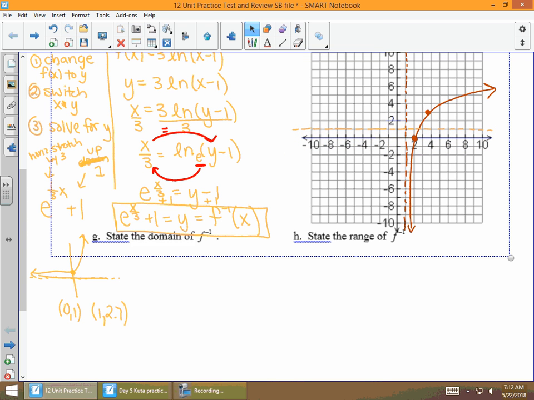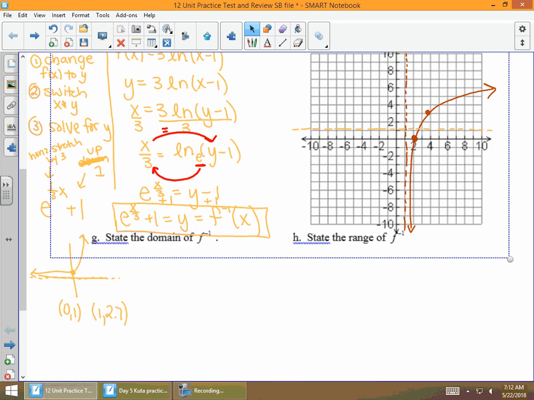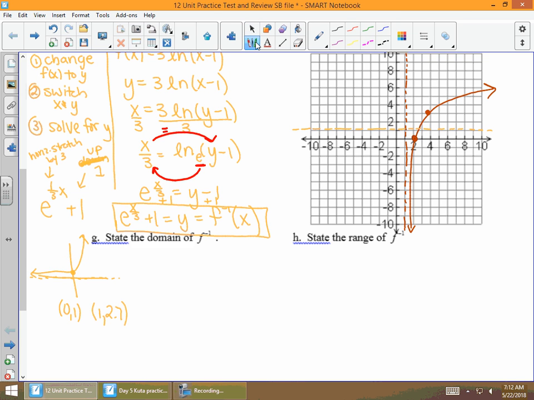And that inverse really just helped me check my work, because my vertical asymptote is at x equals 1. So my horizontal asymptote should be at y equals 1. Sorry about that little mistake there. Now we're good. Up 1. So our point at 0, 1 is going to be moved up to 0, 2.